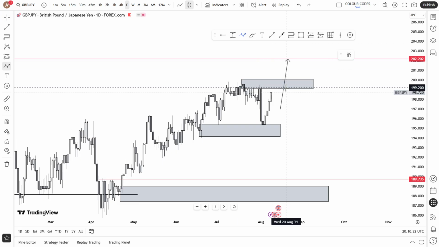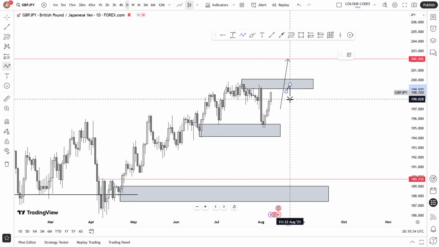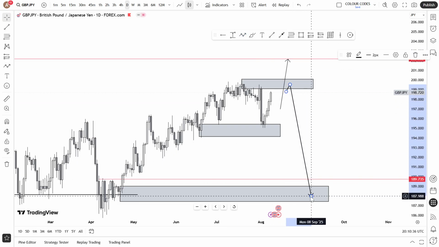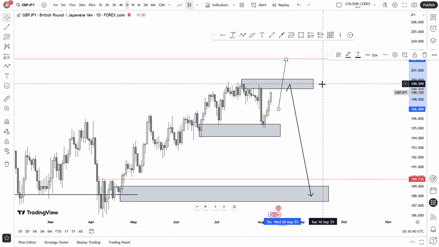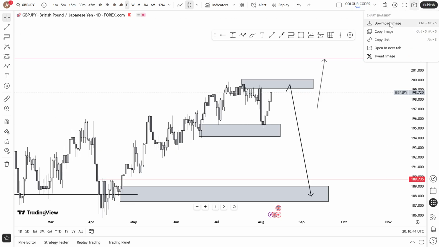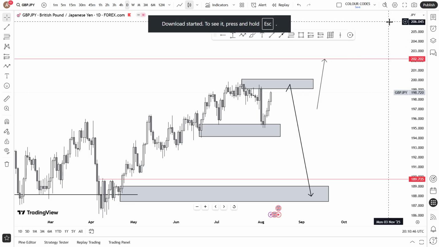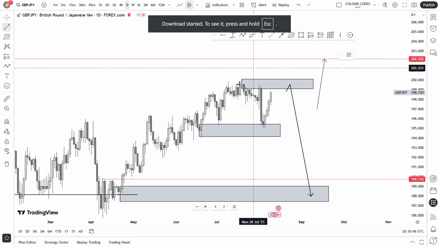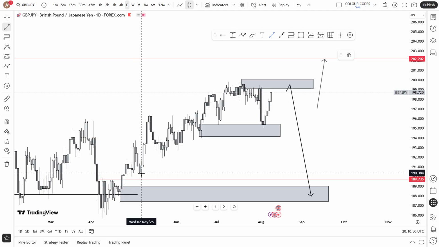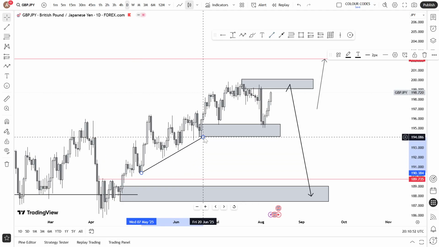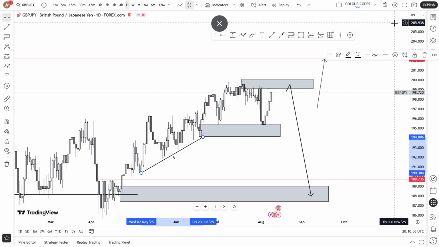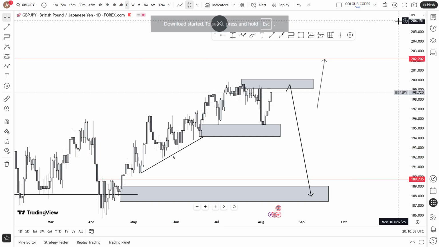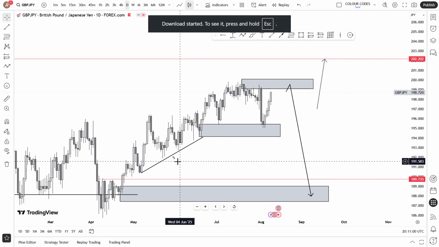So it's either price does this, gets to the zone, and then sells, or it continues to go up. These are the two scenarios for GJ.